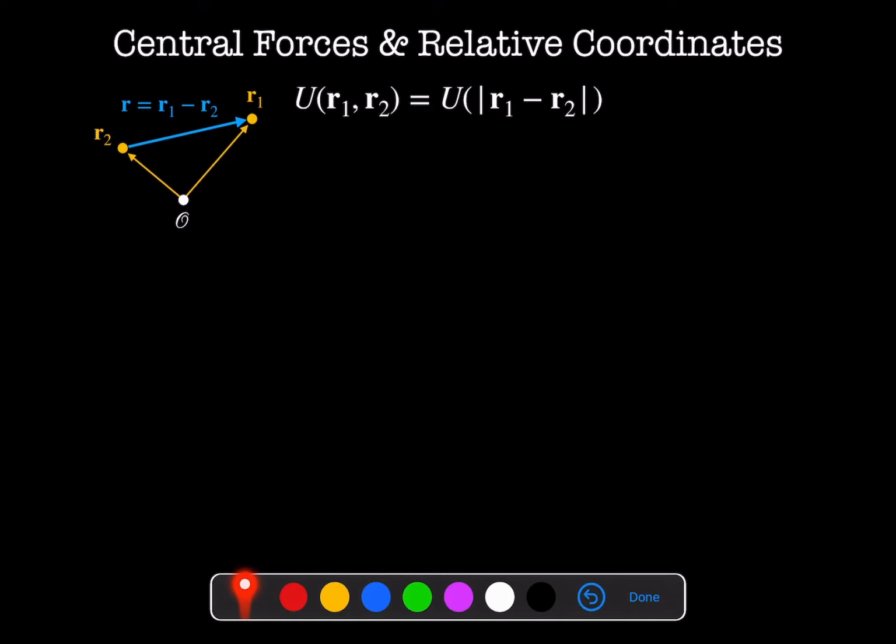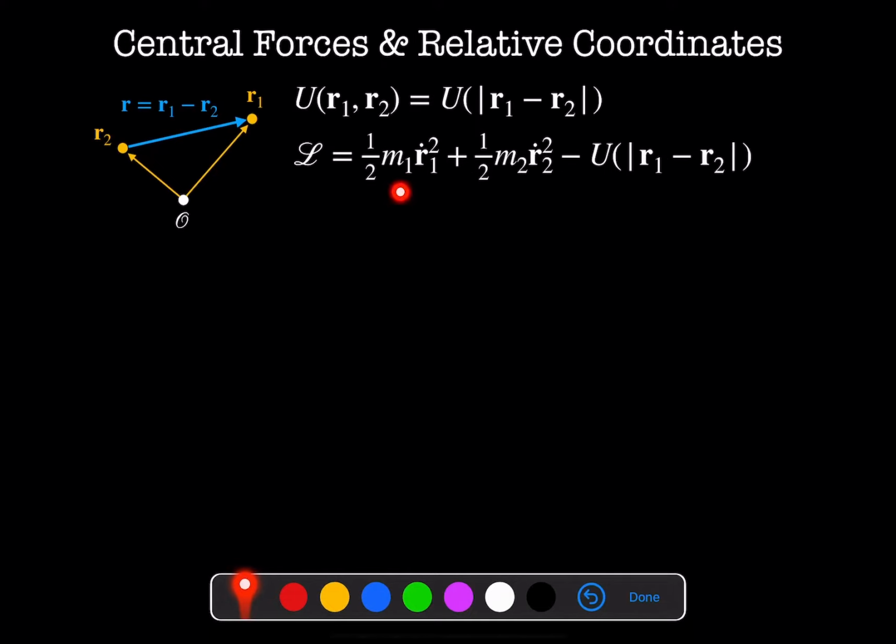In these coordinates, the Lagrangian would be given by 1/2 m1 r1 dot squared plus 1/2 m2 r2 dot squared minus the potential energy. However, these are not the best coordinates we could choose.